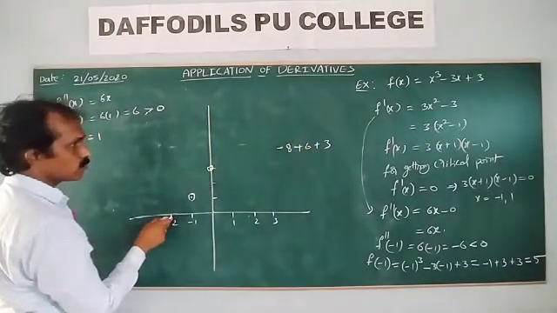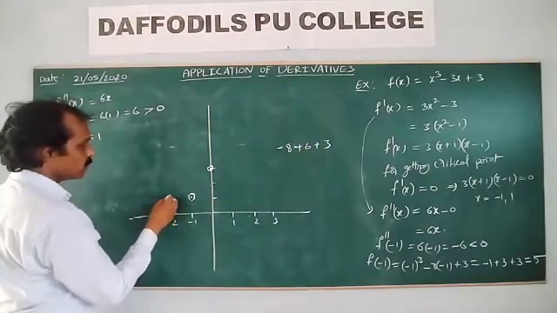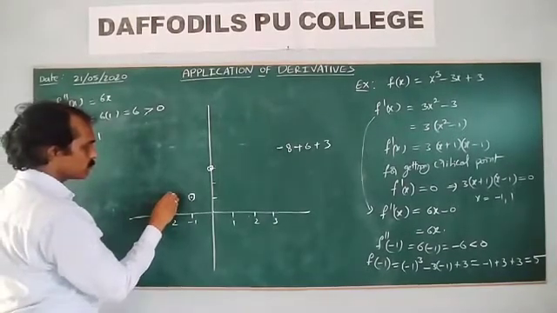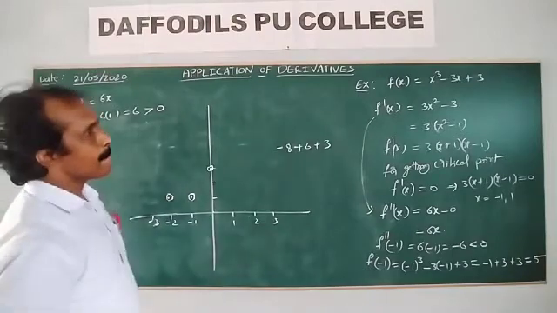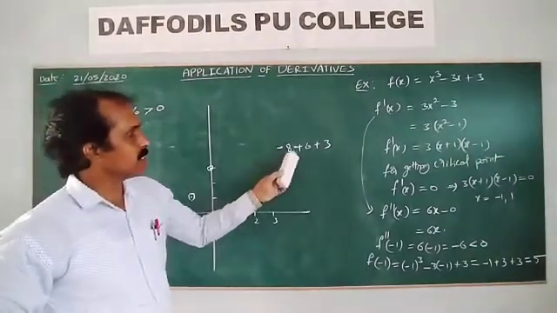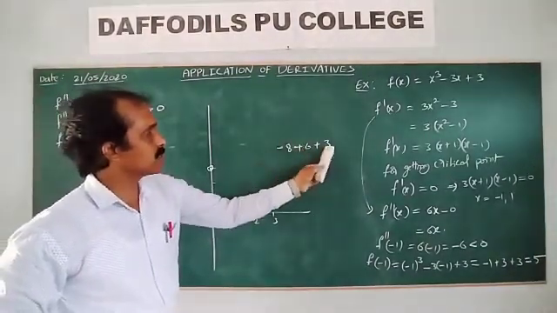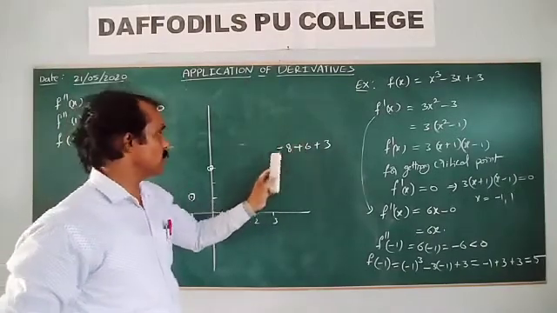At 1 also, -8 plus 6, 6 plus 3 is 9, and 9 minus 8 is 1. Okay.